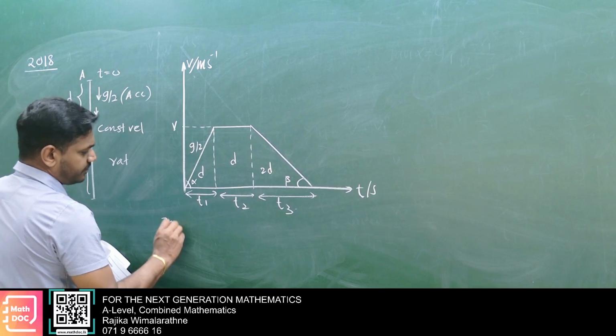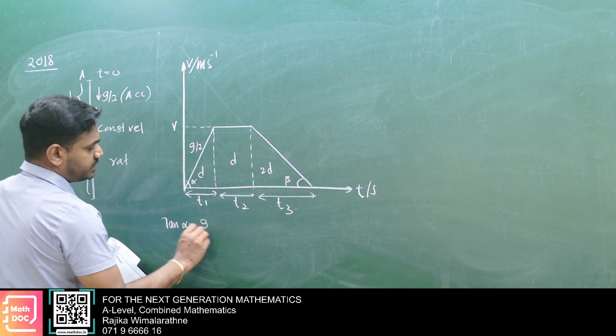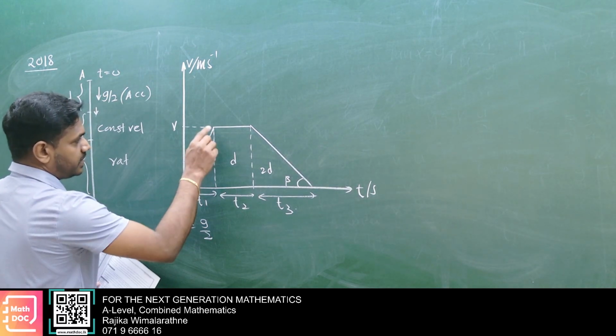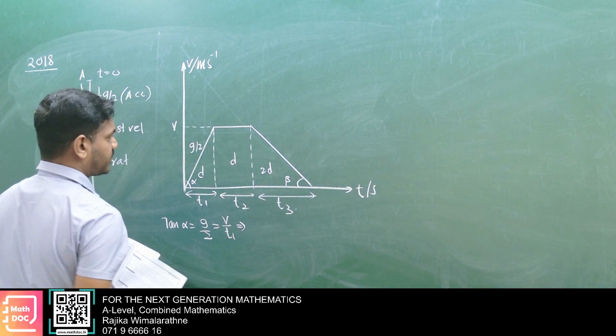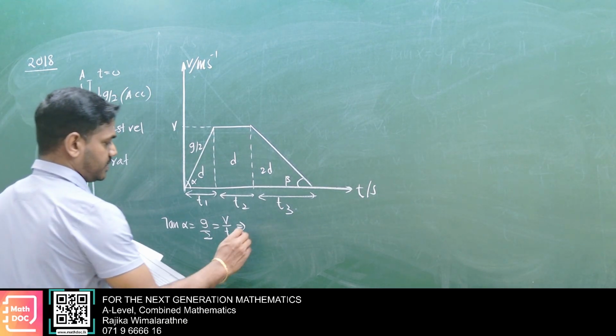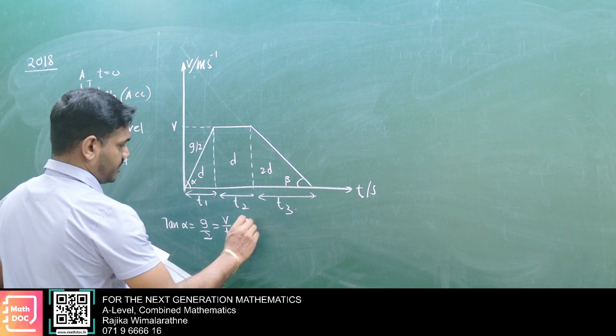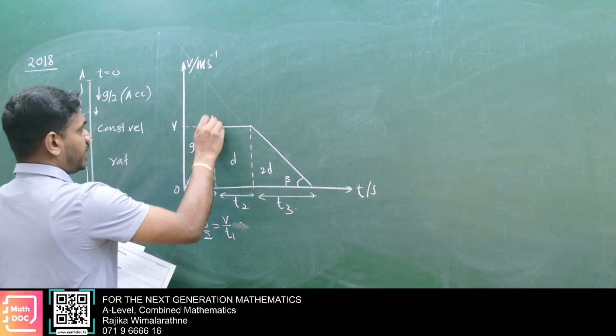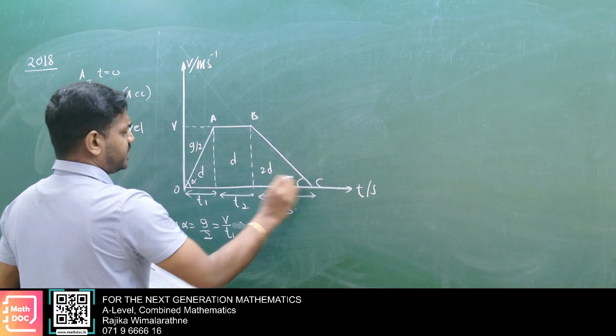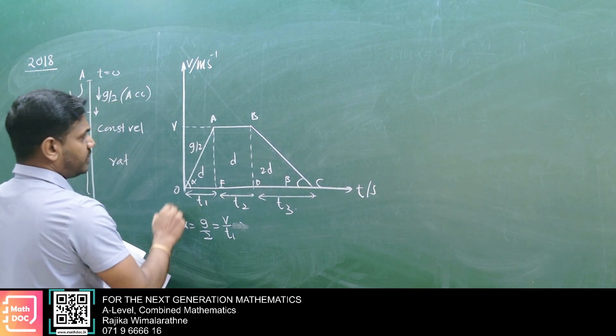Tan alpha equals g by 2, that is v over t1. Then here take OA, BC, DE.